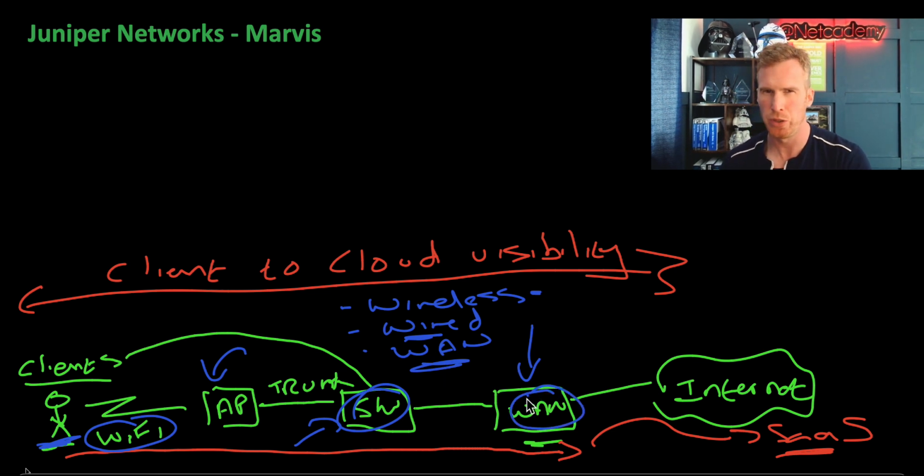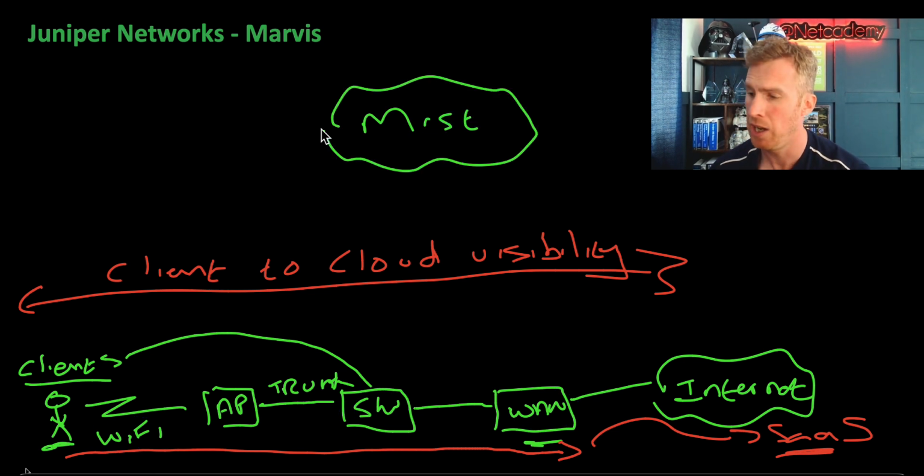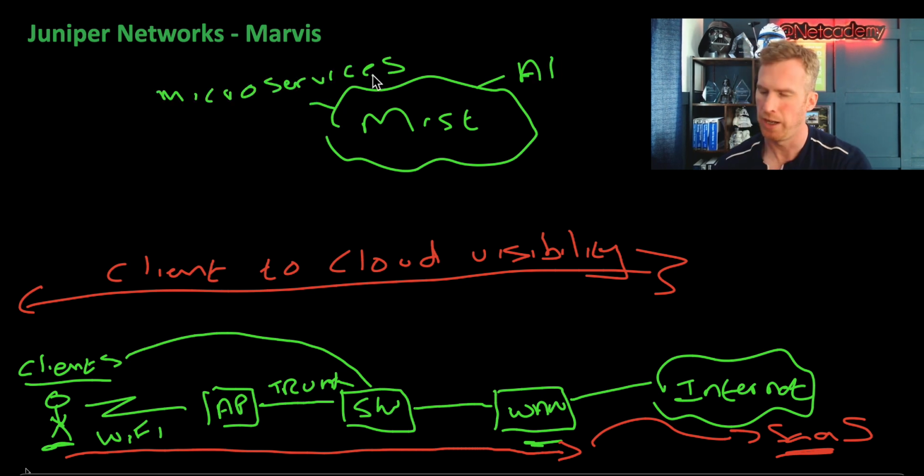And what Juniper's Mist is, and I'm just going to draw it here, is it's a cloud-based solution which uses, as I've said a few times, artificial intelligence as well as microservices. And I'm not an expert in microservices or AI, but AI is a huge buzzword.